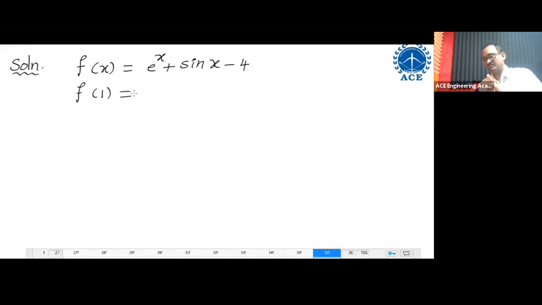Sin 1 value in terms of radians. Tell me its value. What is f(1)?